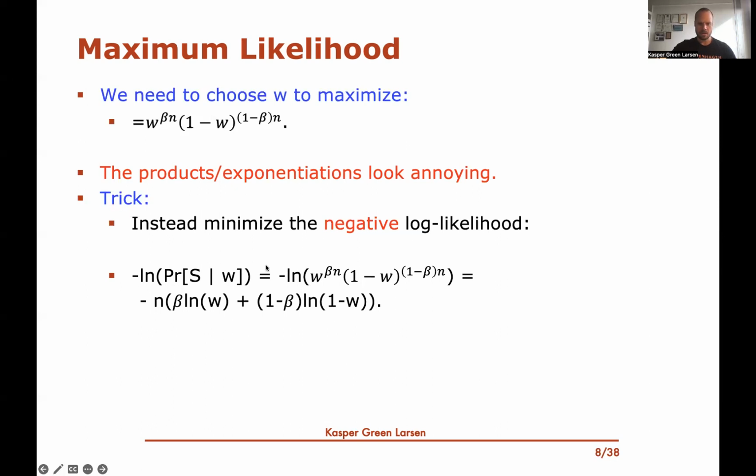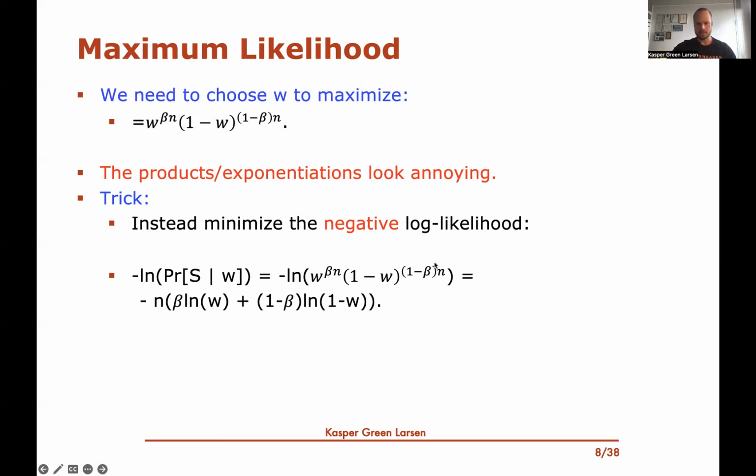The nice thing is that the log of a product splits into a sum, and the exponents move down. There's a common exponent n on all of the terms, so that exponent we can pull out. We also have the minus, and inside here we have W to the beta, so the beta moves down, and then we have log W.